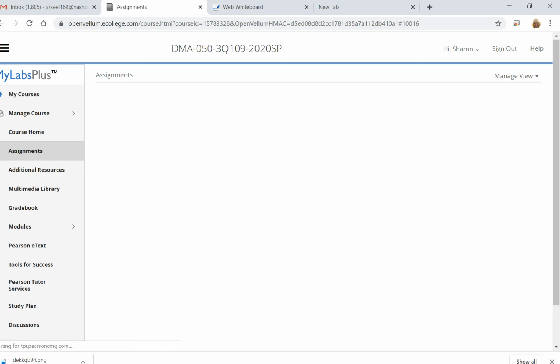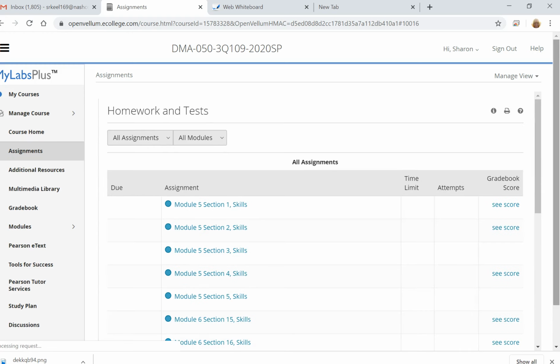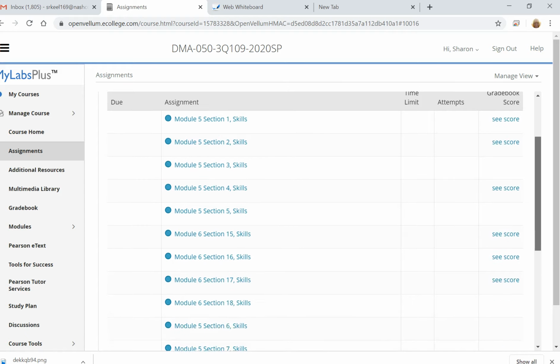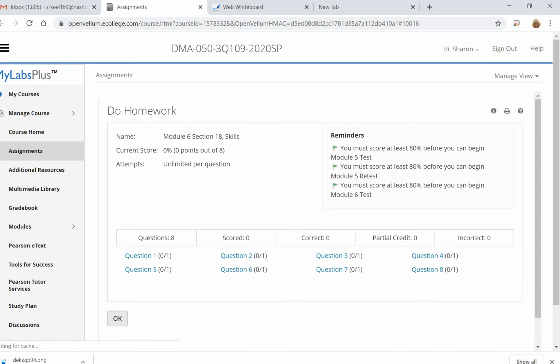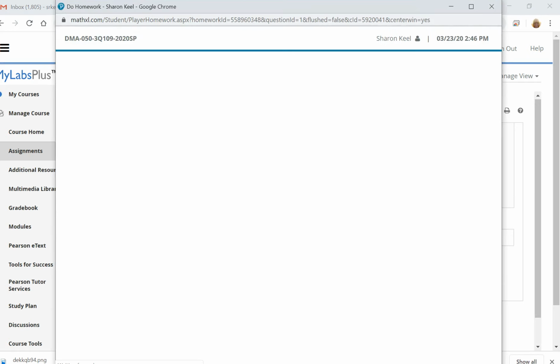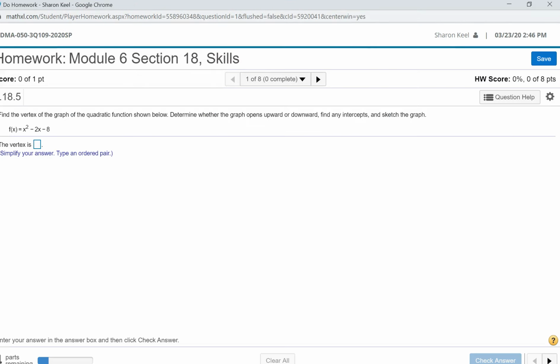Bear with me just a moment while the page loads. And let me scroll down. Here we go. Section 18. Okay, there's only 8 questions on section 18. Okay. So let me take you through the entirety of one of these.